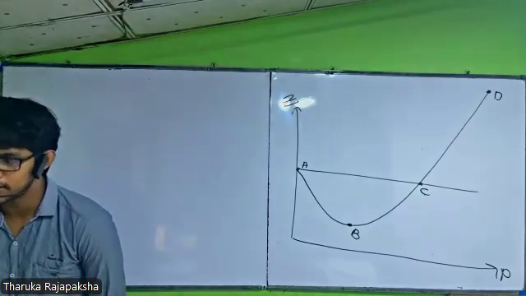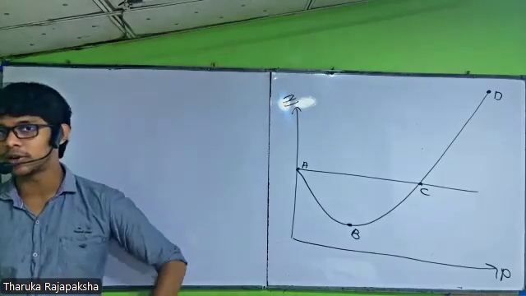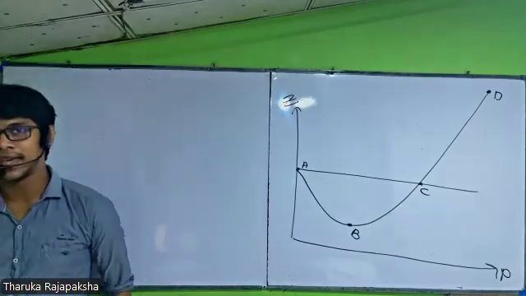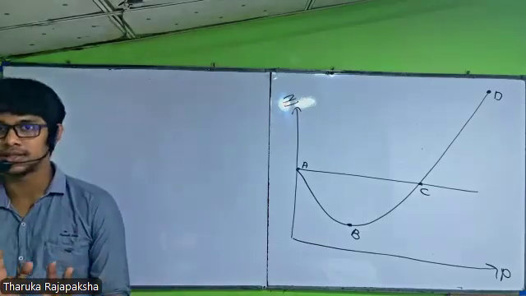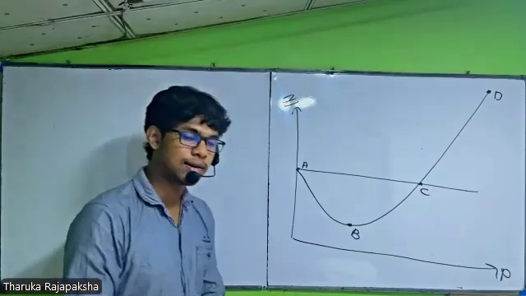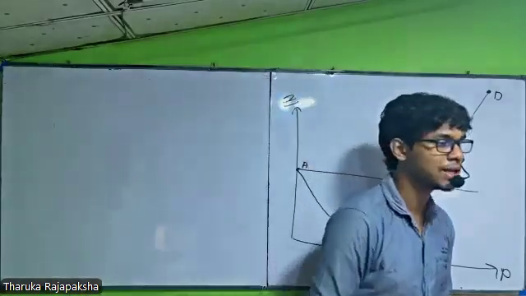Therefore, compressibility factor is 1. But it is not ideal gas behavior. That is different. Why? The attractions are equal to repulsions, whereas an ideal gas means there are no attractions or repulsions. That is different. Keep that in your mind.